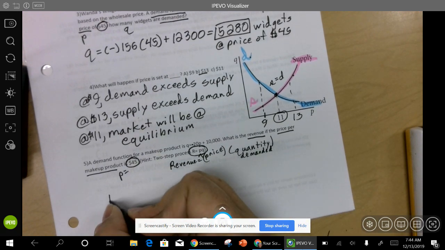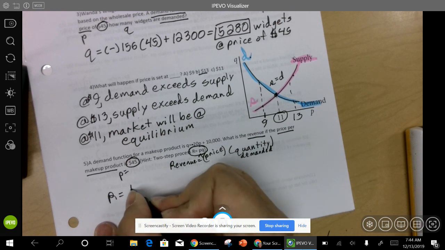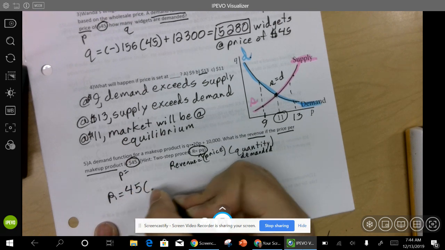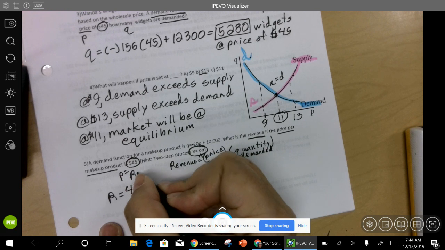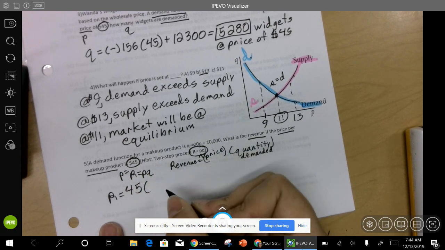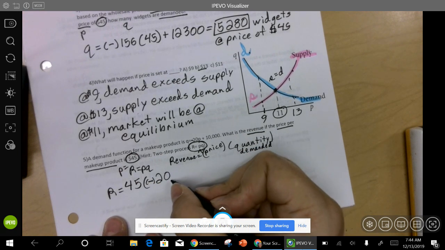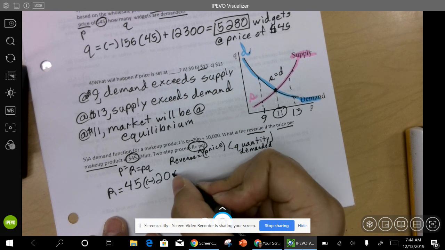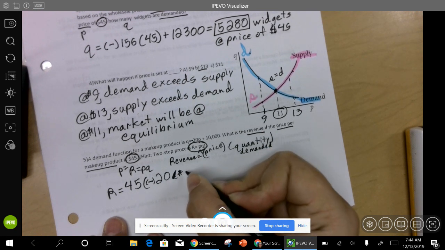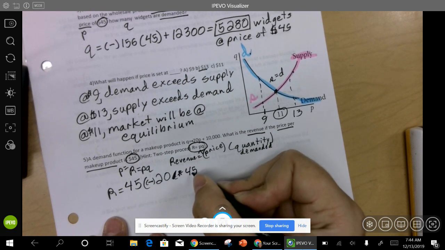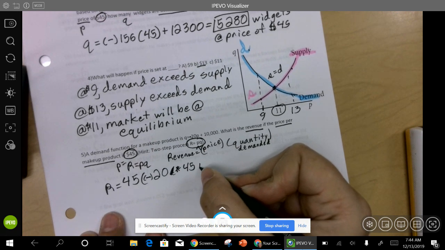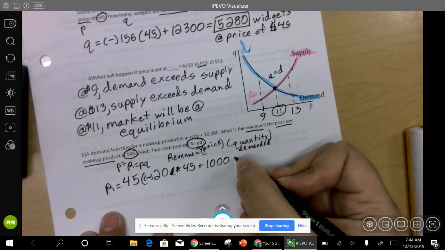Okay, so at a price of $40, I'm going to substitute in the 40. Remember, revenue is equal to price times the quantity. And then we're going to have negative, make sure you use the negative key, of 20 times the price of 45 plus 10,000.